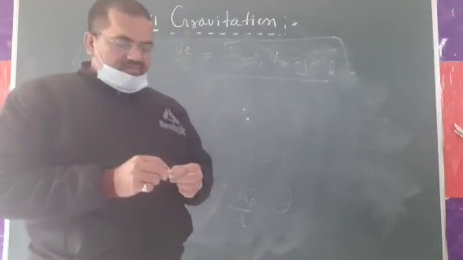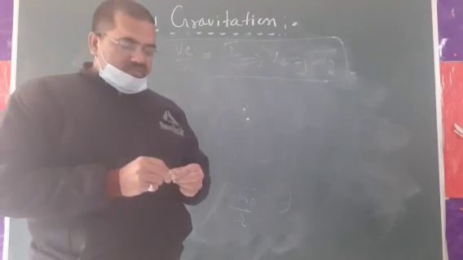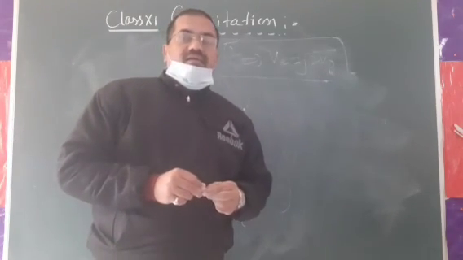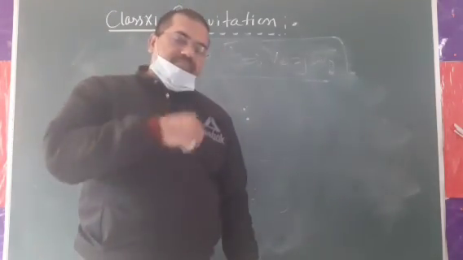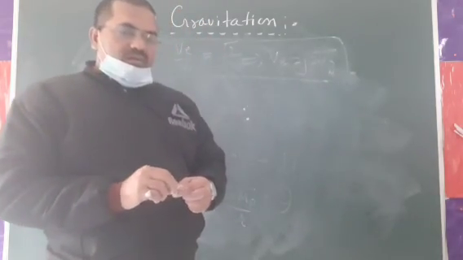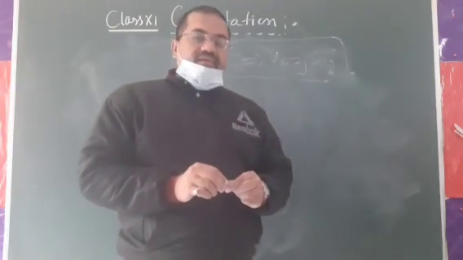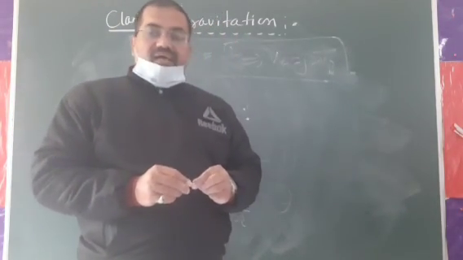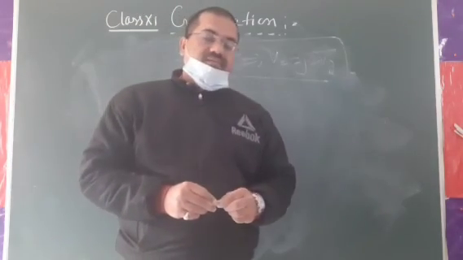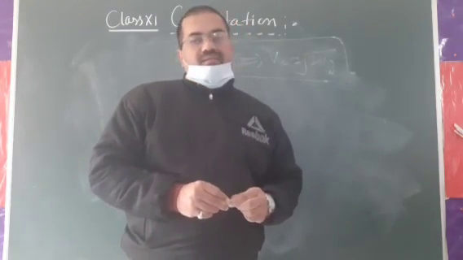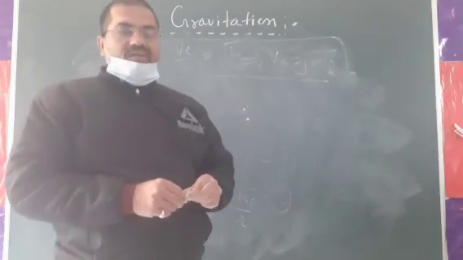This is the second law, which we call the law of area. Every satellite sweeps out equal area in equal intervals of time. Third, the square of the time period of any satellite is directly proportional to the cube of the semi-major axis. This is the third law, which is known as the law of time period.